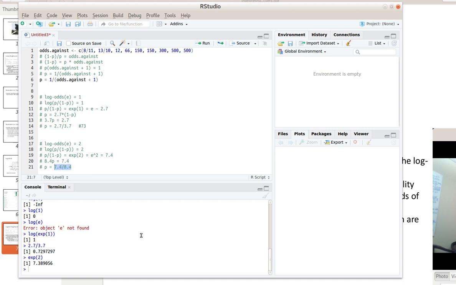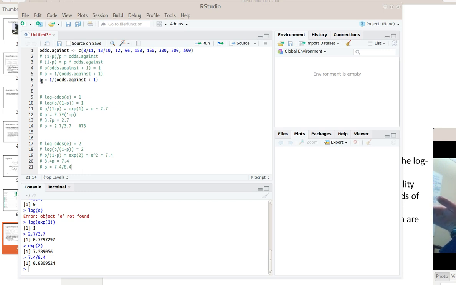So the log odds grew by 1, but the probability just grew from 73 to 88. So in general, all you could say is if the log odds grow, then the probability grows, but the probability is not going to grow by the same amount as the log odds.